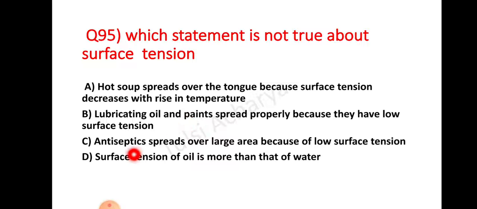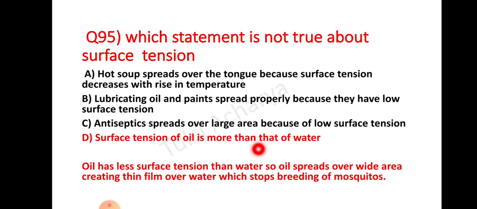This is also true. Antiseptics spread over a large area because of low surface tension. This is also true. Surface tension of oil is more than that of water. This is false. In fact, surface tension of oil is less, so that oil spreads widely in stagnant water, and it is used to control the breeding place of the mosquitoes.